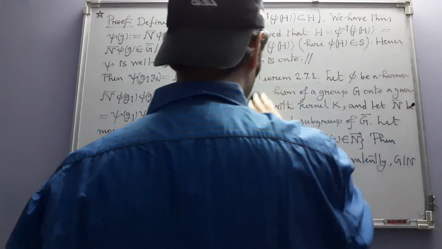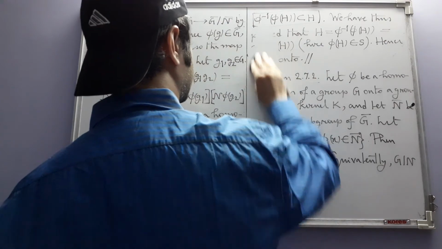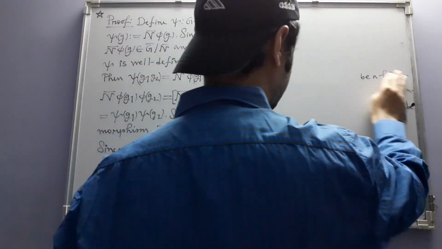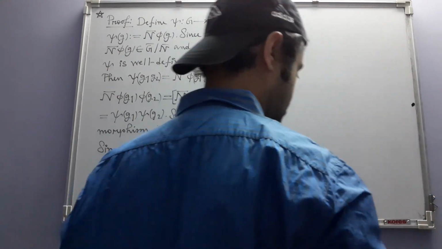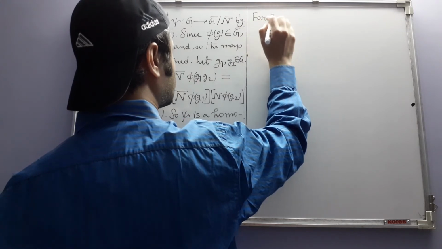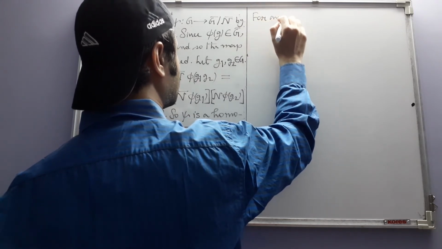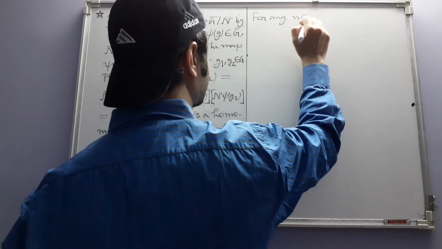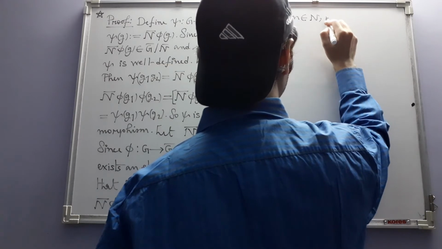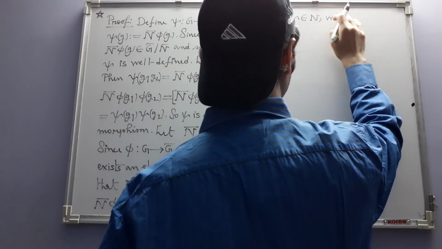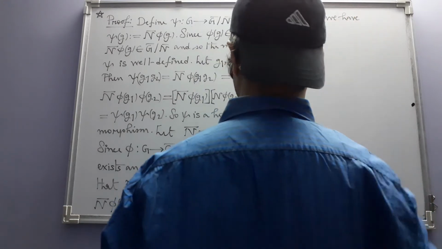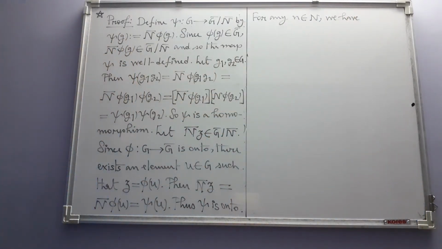Now comes the question of the kernel of psi. Since it's a homomorphism, it will have a kernel. For any n belonging to N, we have, how has N been defined?